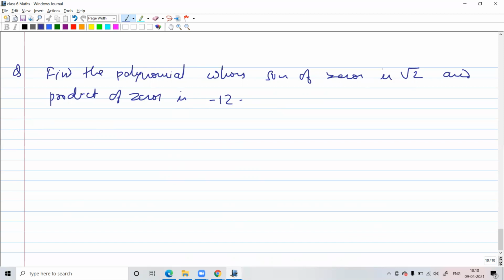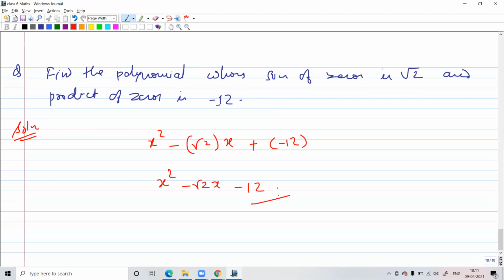Sir, x square minus root 2x minus 12. Yes. Very simple. It will be x square minus the sum of the zeros, which is root 2, so let's write it that way, x, and then the product of zeros is minus 12. So in simple words, it is just x square minus root 2x minus 12. Okay.